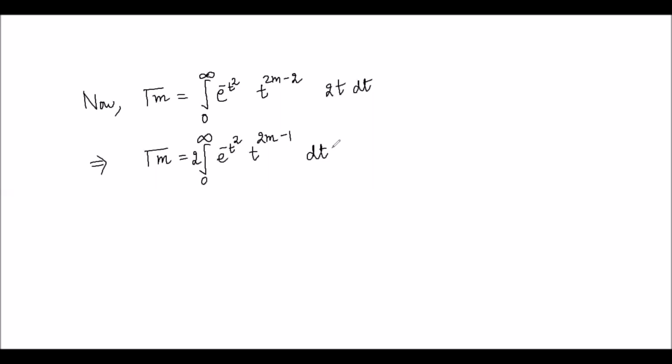If I change variable back to x, I can write it as gamma of m is equal to 2 times this integral 0 to infinity e raised to power minus x square, x raised to power 2m minus 1 dx.